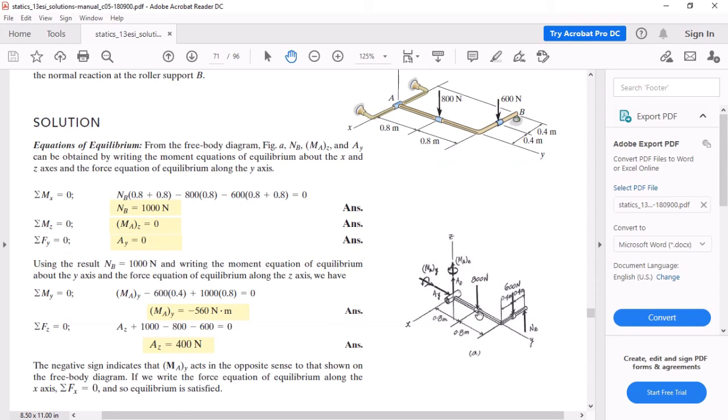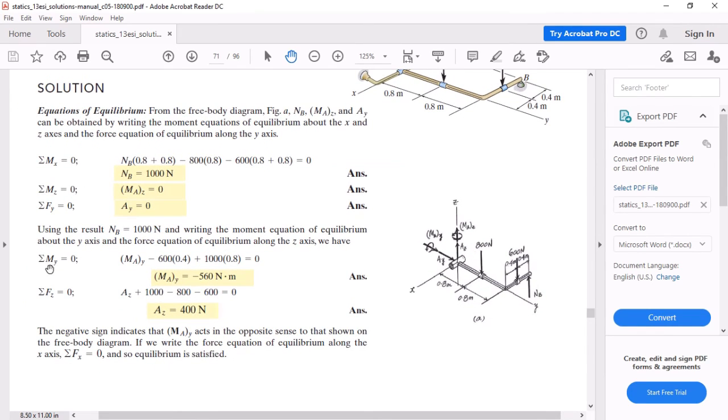Summation forces بالy direction equal to 0. مفيش عندي غير ال AY force بالy direction that's equal to 0. Then summation of moment about the y direction equal to 0. About the y direction في عندك ال 600 Newton times this distance اللي هي 0.4 بتعملني moment clockwise فهي negative. وعند ال NB اللي طلعناها 1000 times this distance اللي هي 0.4 plus 0.4 برضه هتعمل لي positive moment لأنها counter clockwise. وفي عندنا المومنت اللي ناتجة من الكولر support at A اللي احنا فارضينها positive.